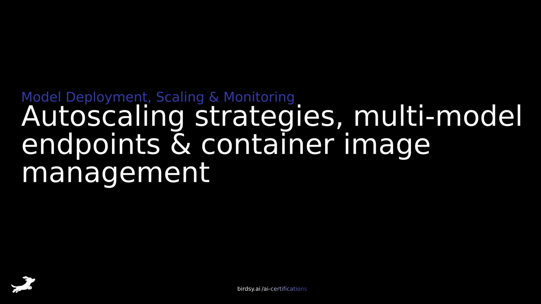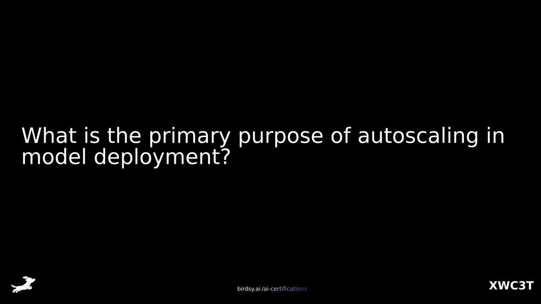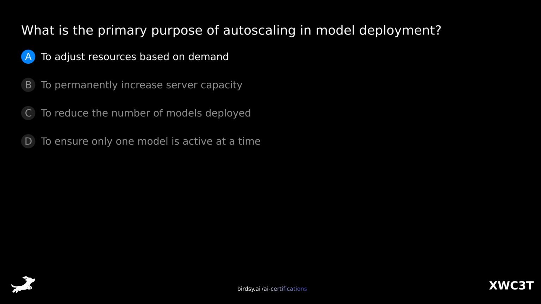Auto-scaling strategies, multi-model endpoints, and container image management. What is the primary purpose of auto-scaling in model deployment? Is it A, to adjust resources based on demand, B, to permanently increase server capacity, C, to reduce the number of models deployed, or D, to ensure only one model is active at a time?